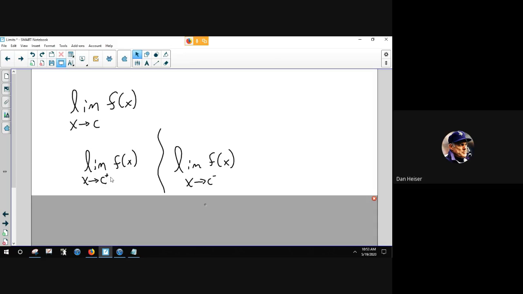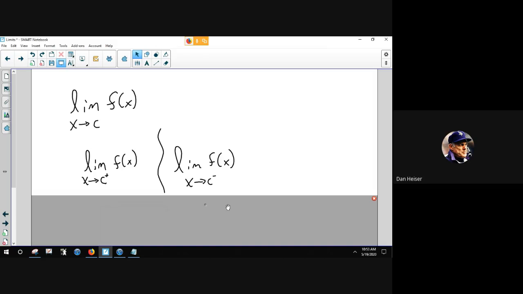This is a right hand limit. We are approaching c from the positive side. In other words, we are starting to the right of c, and we are approaching it from the right, from the positive side. We are approaching c, in this case, from the negative or from the left-hand side.